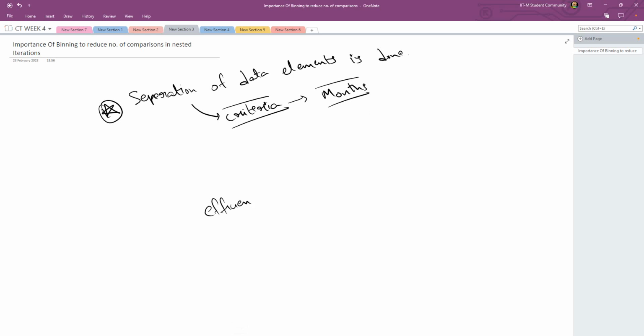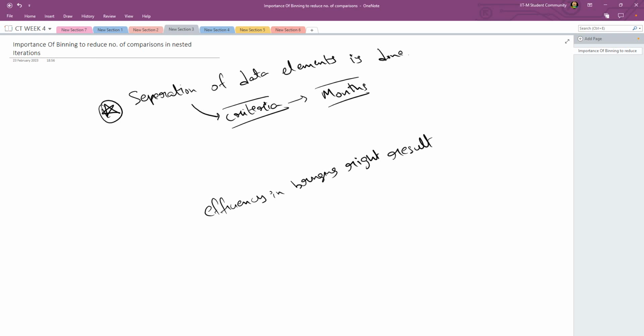Okay, I think I need to be clear. Efficiency in bringing the right result. Why am I stressing the word right here? If binning is not followed, we follow the naive approach, in which there is a high probability of getting a wrong answer also.